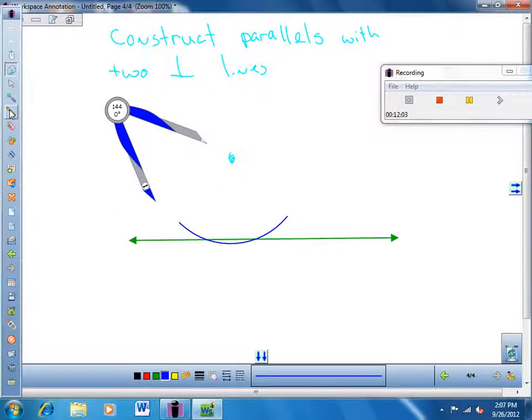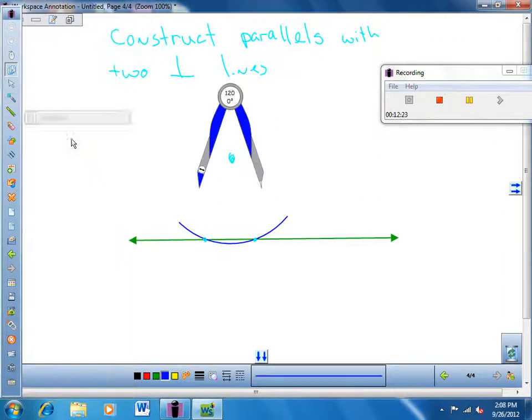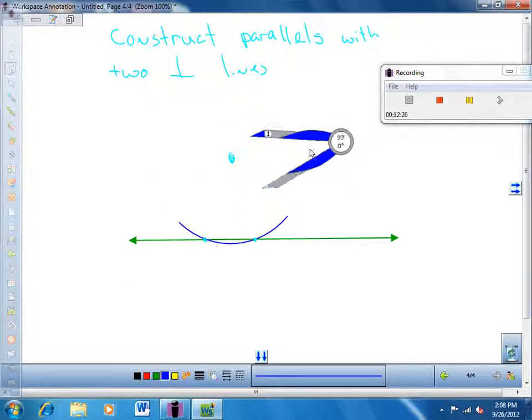Then I'm going to put my compass on this point and on this point, the same way we do an altitude. And then I'm going to take my compass again and bring it down to here.